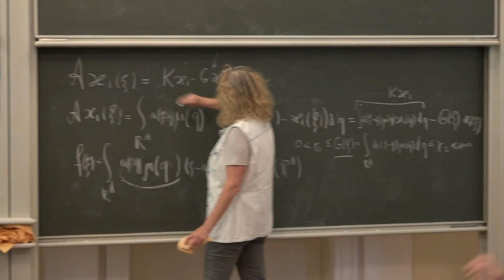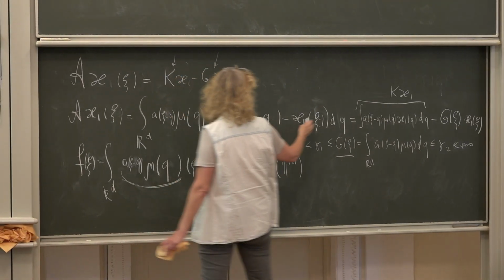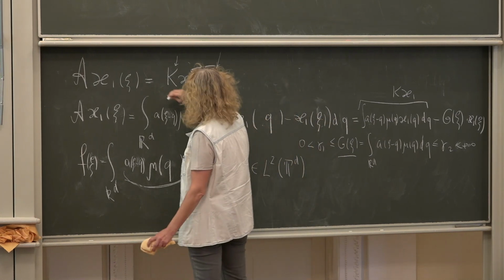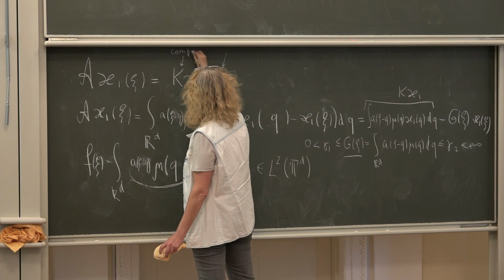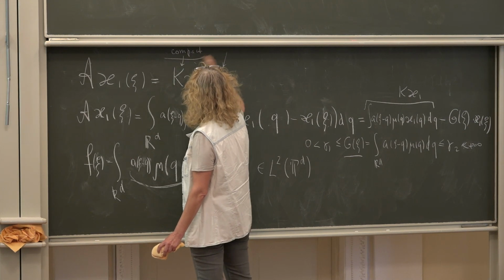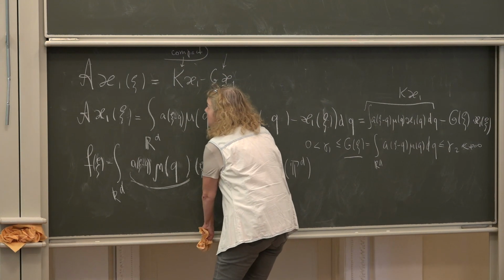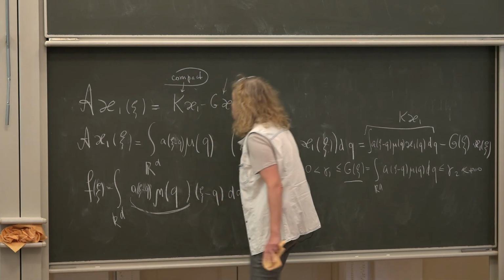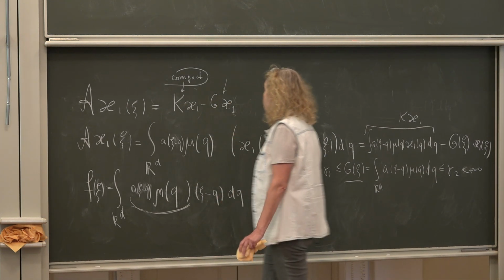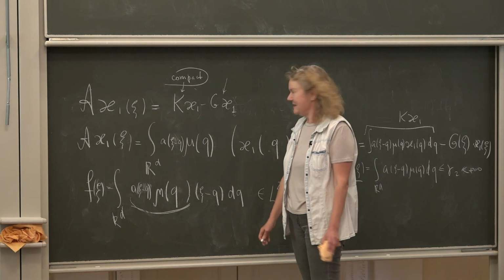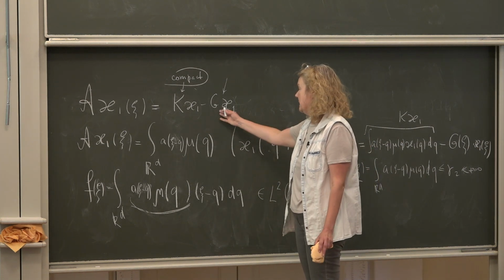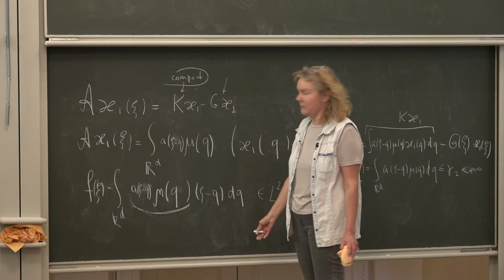So one operator is the operator of multiplication by a good positive function, and another operator is a compact operator. In fact, it is one of the main steps in our consideration that this operator is compact, and then we can use again Fredholm theory, because this operator is an operator of Fredholm type.